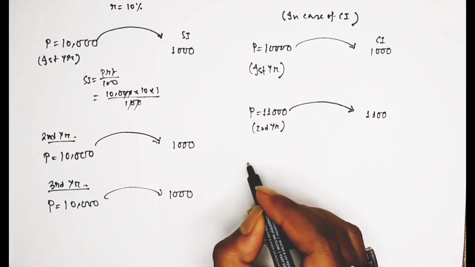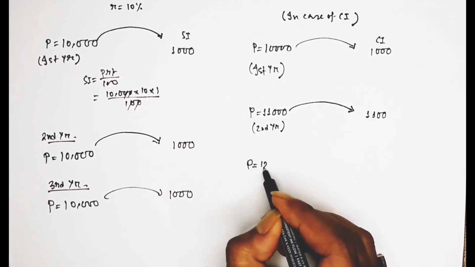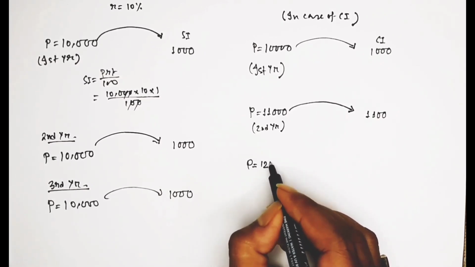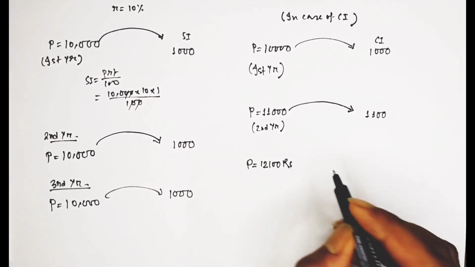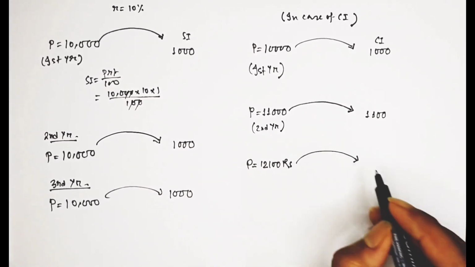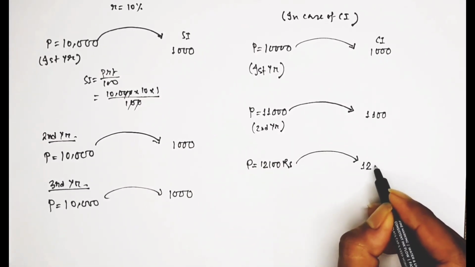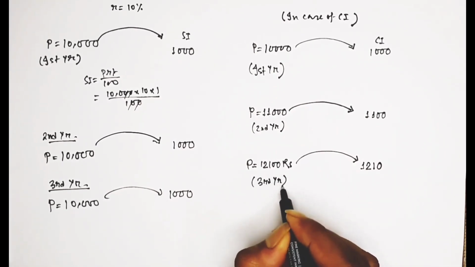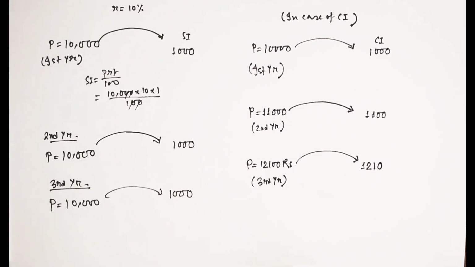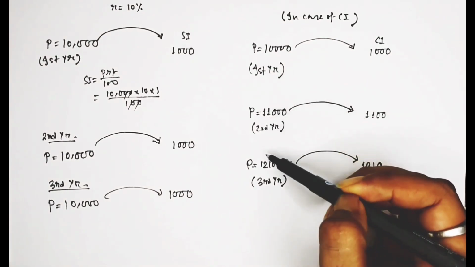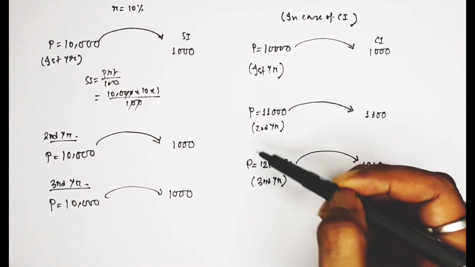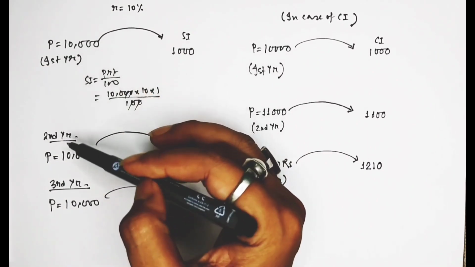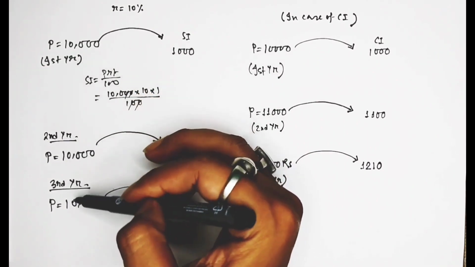And in the third year, the principal is 12,100 rupees, and we get the value of CI as 1210 rupees for the third year. So we can see that here the principal amount is changing, but in case of SI, the principal amount was constant.